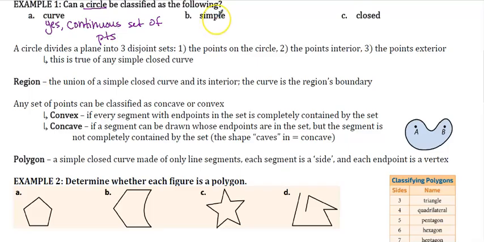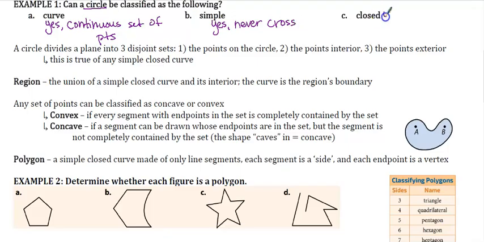Can it be simple? Remember the definition of simple was that they never cross. So yes, a circle is also simple because it never crosses. How about closed? Remember the definition of closed? They end at the same point they started with.